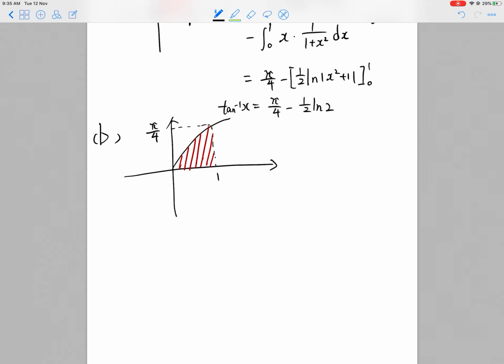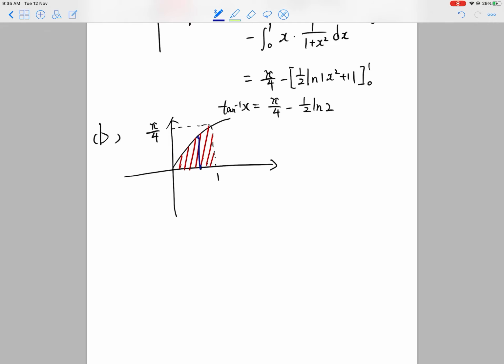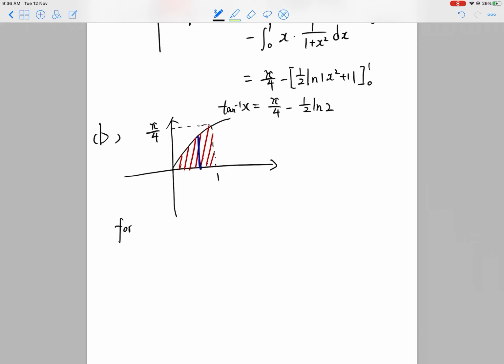So for each x, okay, for each x from 0 to 1, okay, the height of this blue line is what?